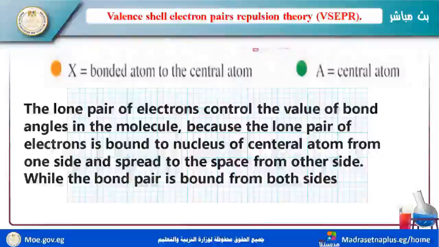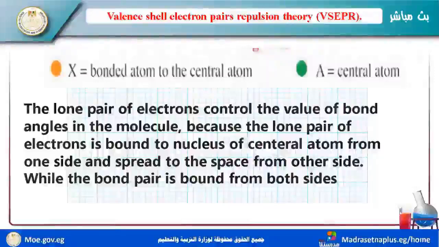Because the lone pair is free on one side, and the other side is connected with the central atom. I have two directions for the lone pair: free space, and the other is controlled by bonding with another atom.